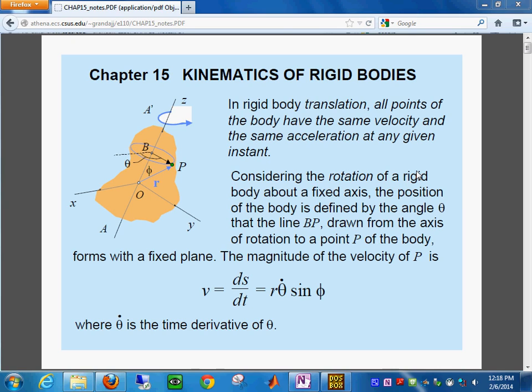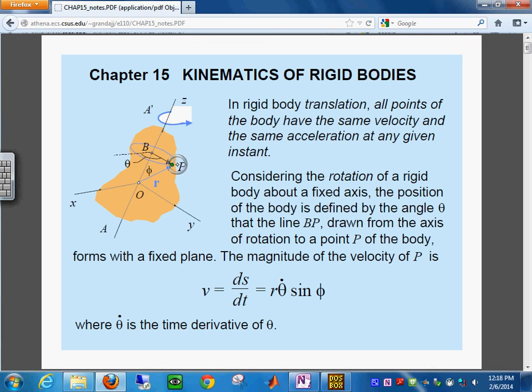So in here you have a situation where you see a rigid body in general. You have an axis in here, x, y, and z. And the point here is, for example, if we look at this point P on the rigid body that is rotating about the z-axis, the question is, what's the velocity of that point?